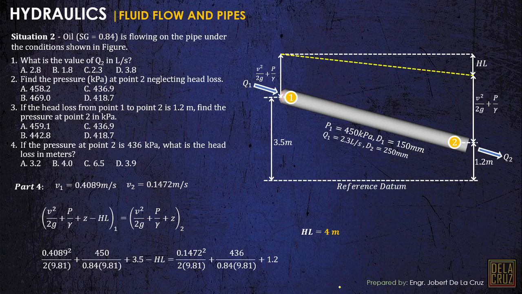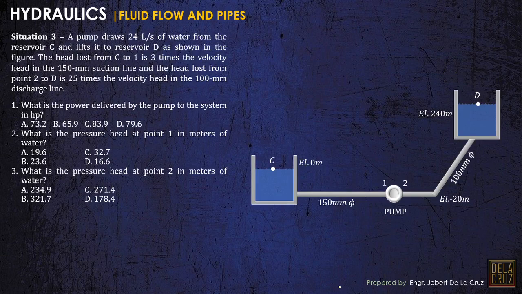Okay. So, let's have our last problem in this part 1. So, dito, may pump na tayo in between two reservoirs given. A pump draws 24 liters per second of water from reservoir C and lifts it to reservoir D as shown in the figure.